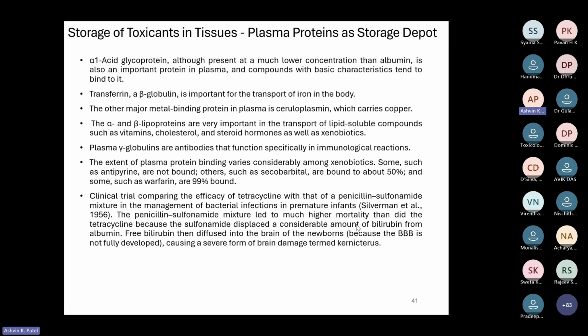Another is alpha-1 acid glycoprotein, although present at much lower concentration than albumin, it also plays an important role in plasma. Compounds with basic characteristics tend to bind it, whereas those with acidic characteristics tend to bind albumin.